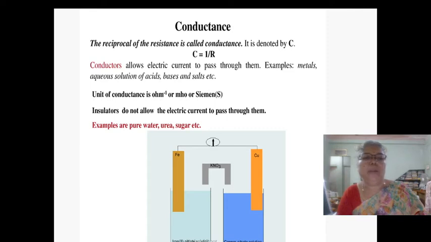The unit of conductance is ohm inverse or mho, also called Siemens.